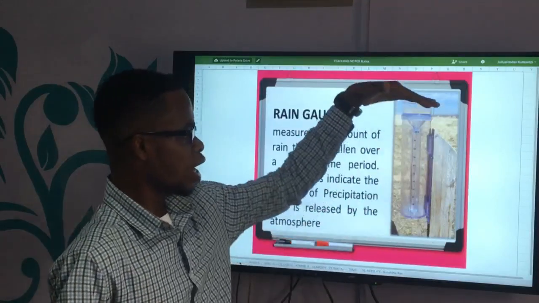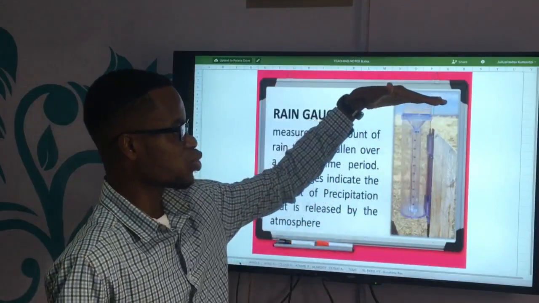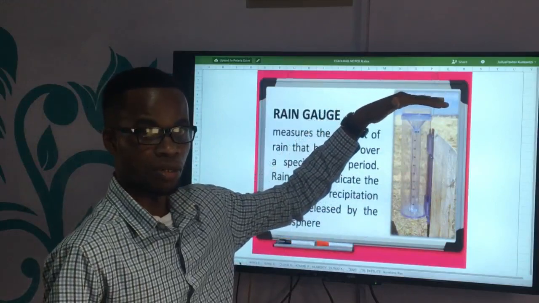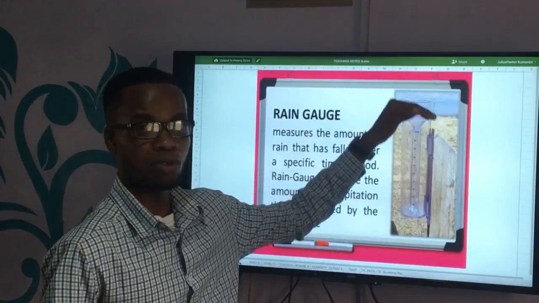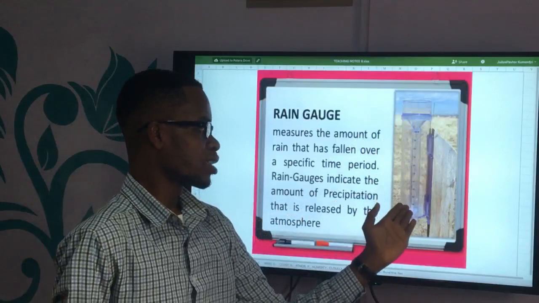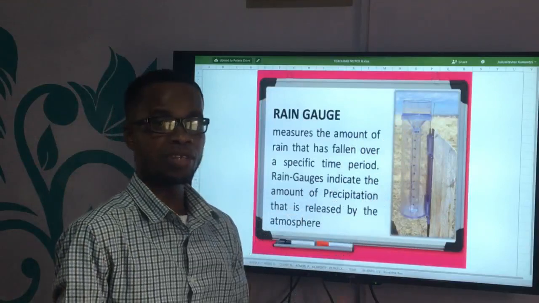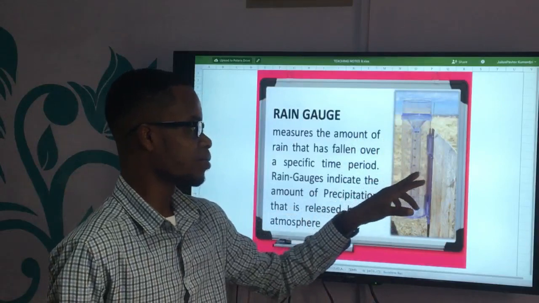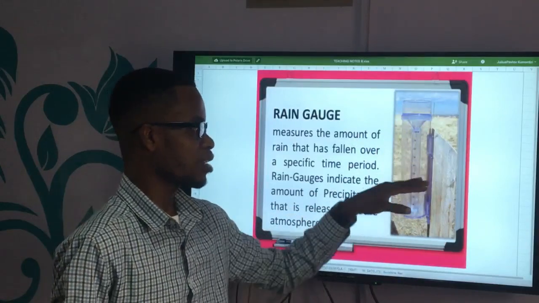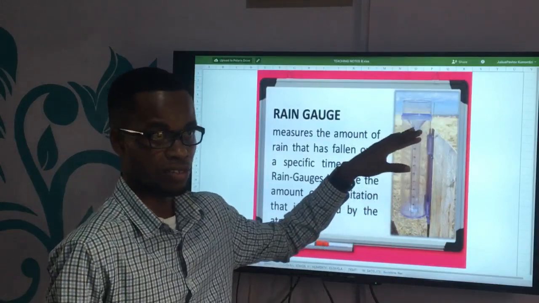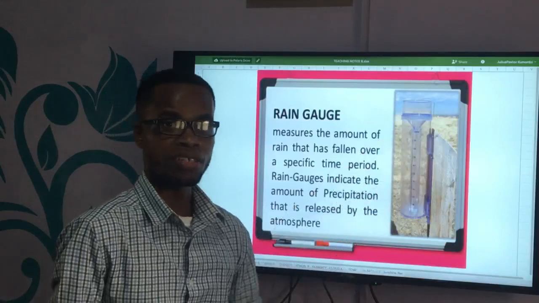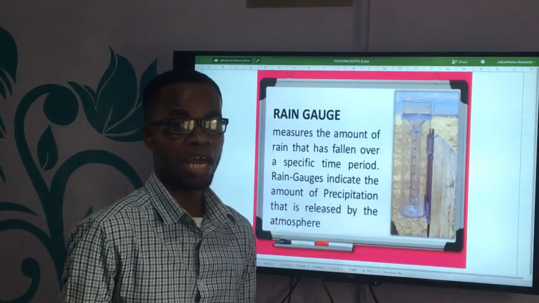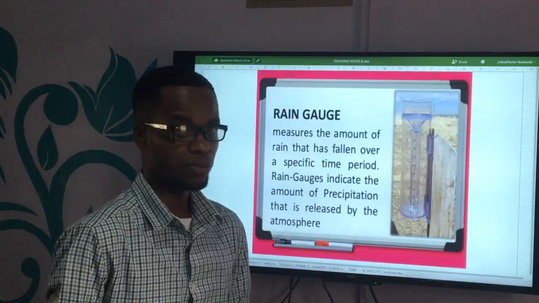It is going to accumulate an amount of rainfall, and depending on the amount, the water will rise and hit a part of these measurements or divisions, and they will record it as a number, and that will become the amount of rainfall.